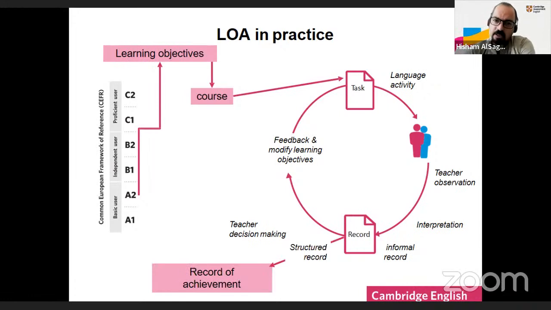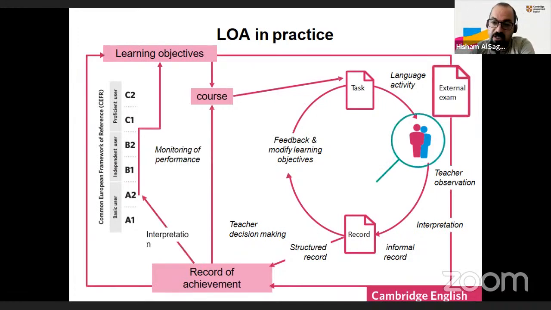And if I repeat this cycle multiple times for all the objectives in a level, I would be able to produce a record of achievement. That record of achievement then eventually gives me a more comprehensive overview of the level of the learner, a more accurate assessment of that learner in terms of his or her English language proficiency.